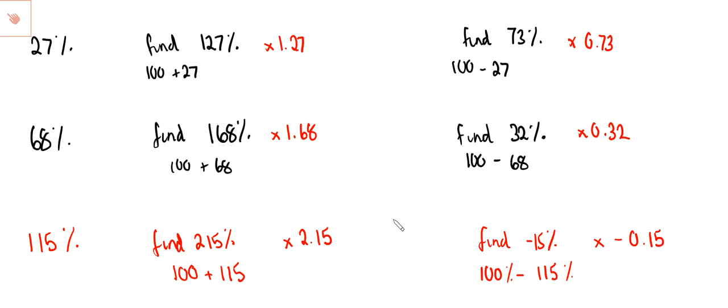So we can't really decrease by more than 100%. We can decrease by 100%. What's your salary if you have a 100% decrease? Nothing, exactly. We can't go below that because it doesn't make any sense. Does that explain that? Okay.